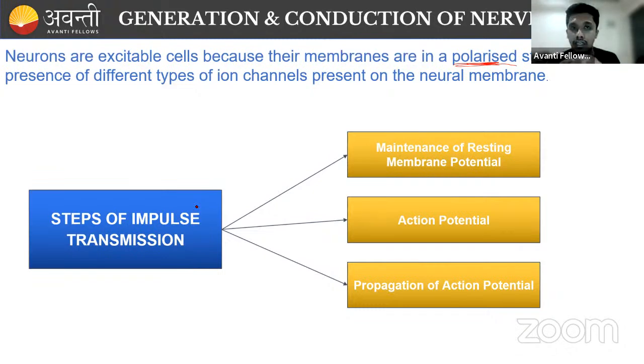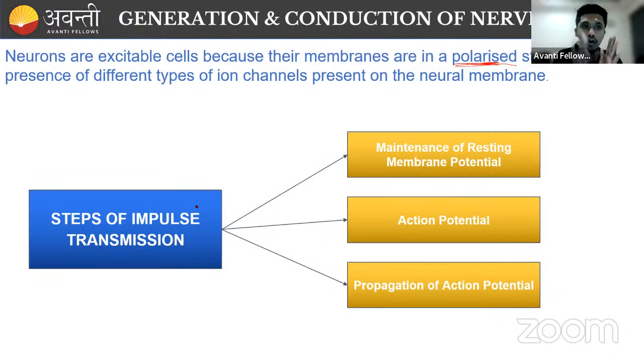The passage of these charges occurs through the movement of ions. What are ions? Ions are charged particles. For these ions to move across, it can happen only through ion channels present on the plasma membrane of your nerves, which is called the neural membrane.